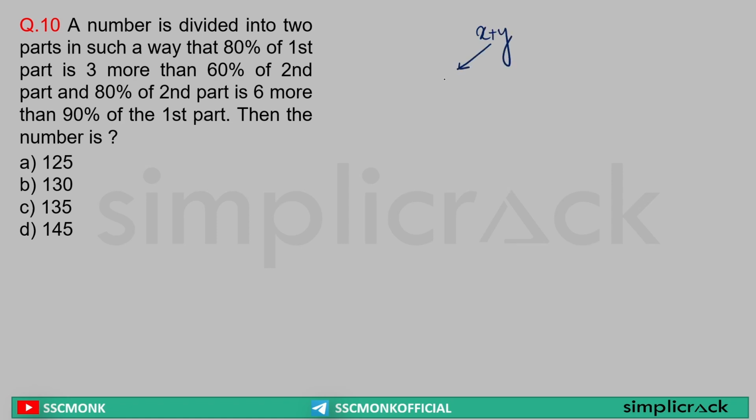So the first part is x, the second part is y. First information: 80% of the first part, that means 4 by 5 of x is equal to 3 more than 60% of second, that means 3 by 5 of the second.